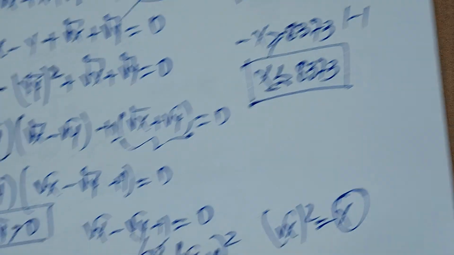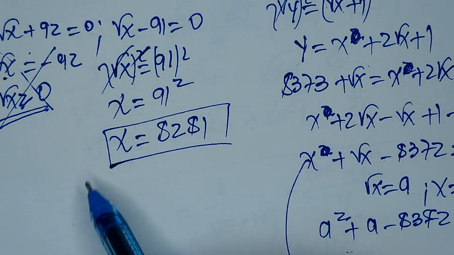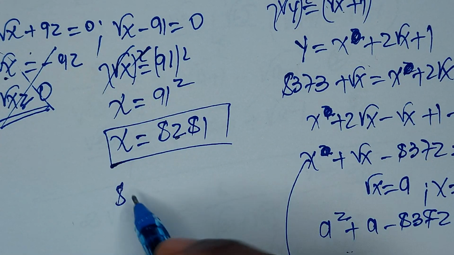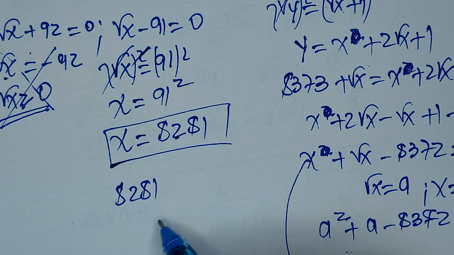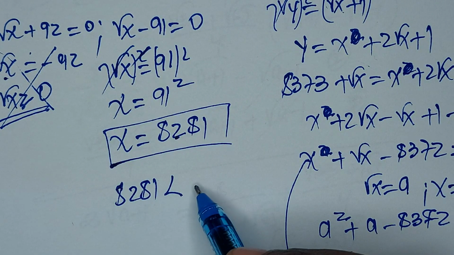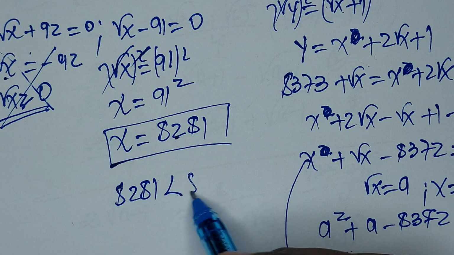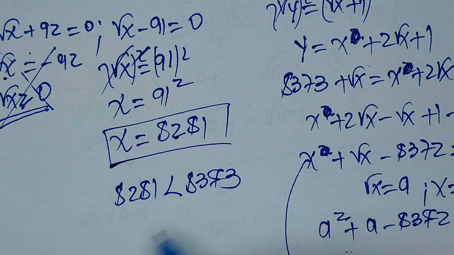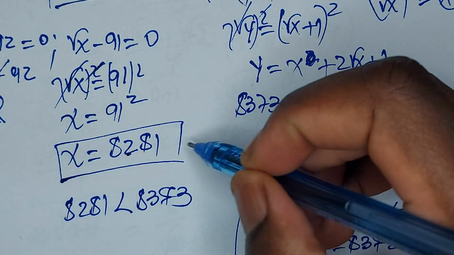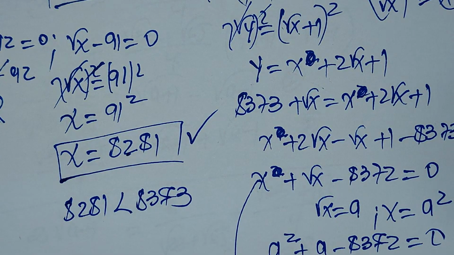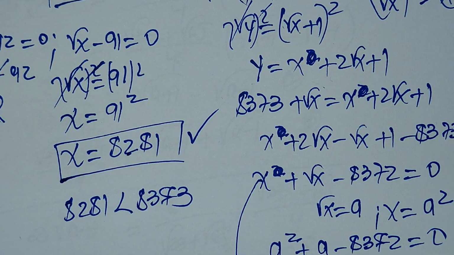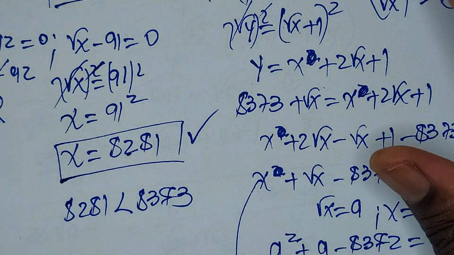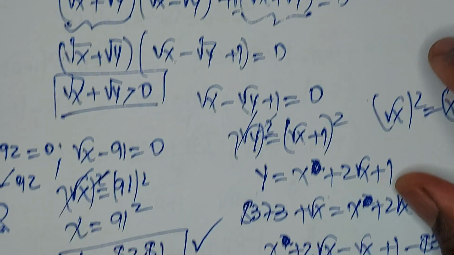If we see our solution here, 8281 is not greater than 83/73, so our answer obeys our condition. So it's correct. I could check the solution, but it actually works because I've already done it.